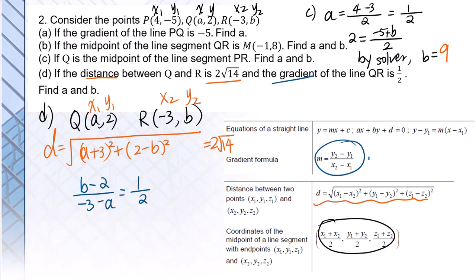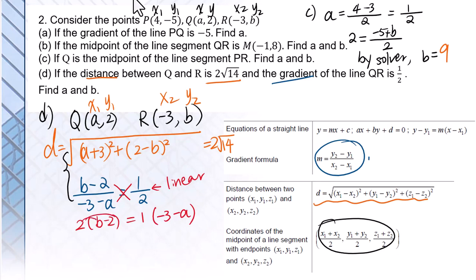We need to solve this system of equations. Since this is linear, we need to solve for a or b, then substitute back into the first equation. Then we go to equation solver to get the answer for a or b. Cross multiply: 2 times (b minus 2) equals 1 times (negative 3 minus a).